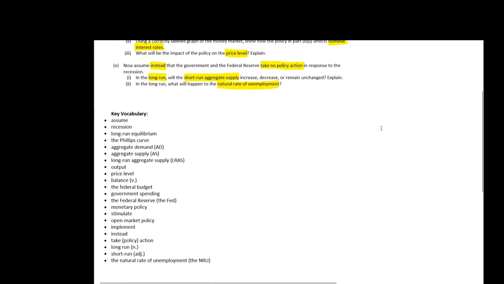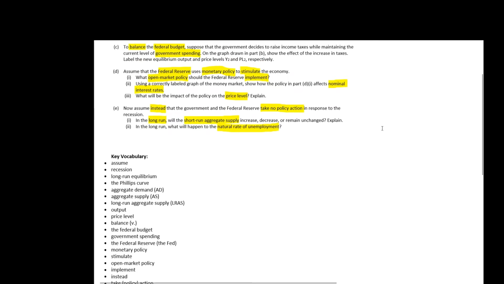The Phillips curve is the relationship between inflation and unemployment. The next word here, we've got output and price level. So this is just for labeling your X and your Y axes. So on your ADAS graph, typically people will put real GDP or RGDP on the X axis. However, in some textbooks, you'll also see output, and certainly you'll see output in the question stems in many AP and other econ questions.